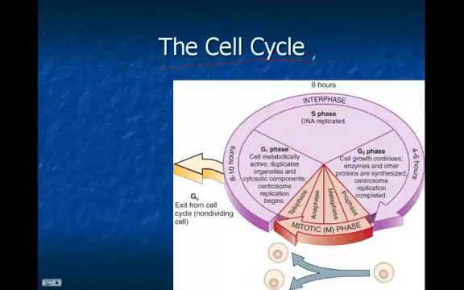Okay, and a cell needs to undergo mitosis for two main reasons, since we're doing our cell biology here. And the two main reasons would be for, one, growth, okay?